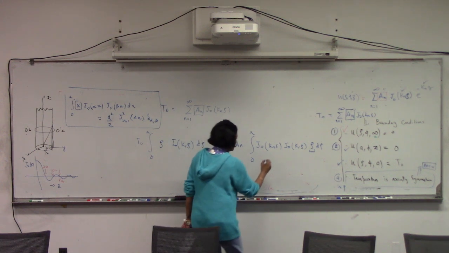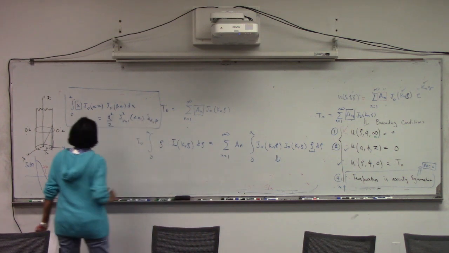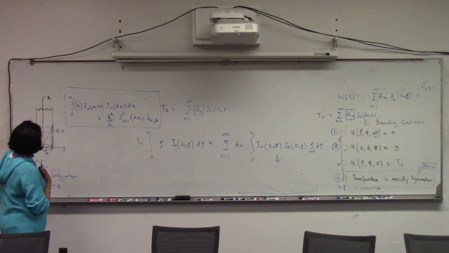So what is this now? I've given this for you, and for us it is J0, right?